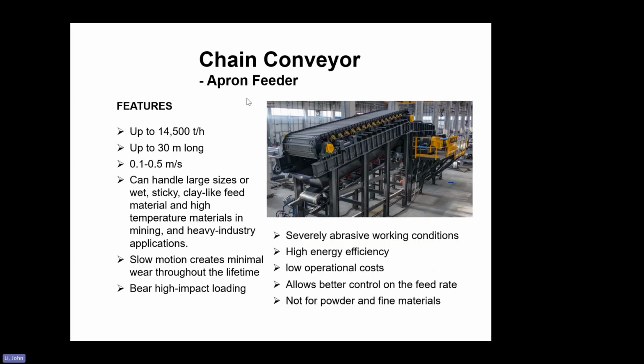The features of this apron feeder: capacity up to 14,500 tons per hour, and length up to 30 meters, usually 10 or 20 meters, which we mostly use. And the chain speed is quite low, 0.1 to 0.5 meters per second. It can handle large size or wet, sticky, clay-like feeder materials and high temperature materials in mining and heavy industrial applications.